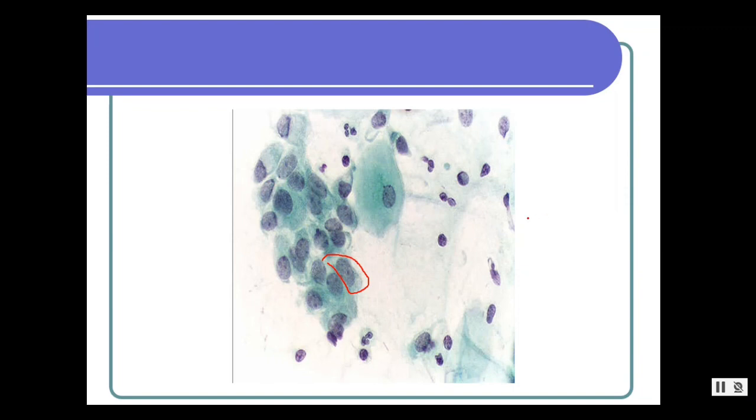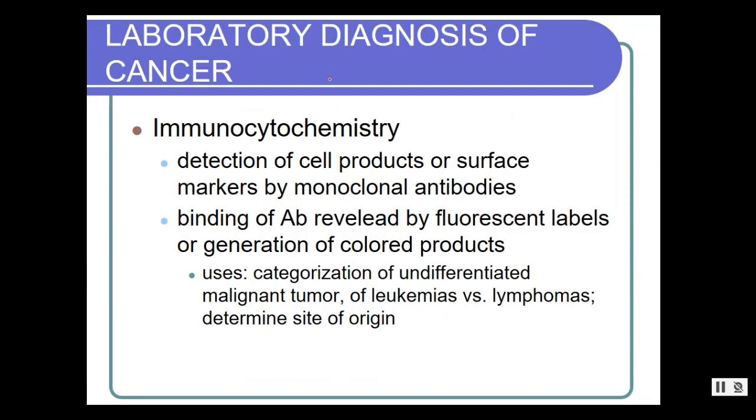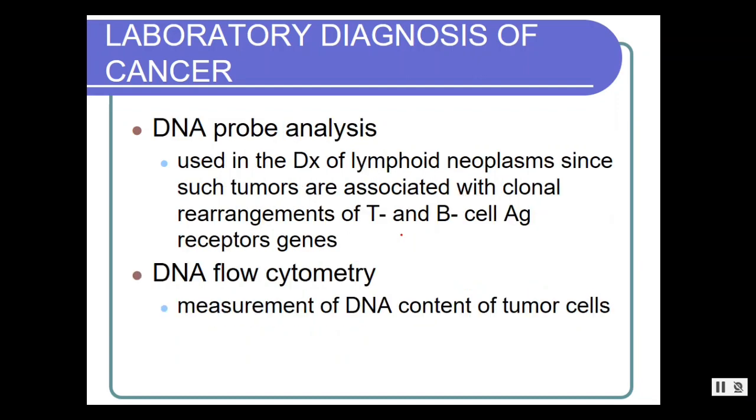Okay, so now, aside from pap smear, we also have immunocytochemistry. Immuno is involving antigen antibody. The antibody reveals fluorescent labels or generation of colored products. So they add a color to the cell so that you can easily identify them.